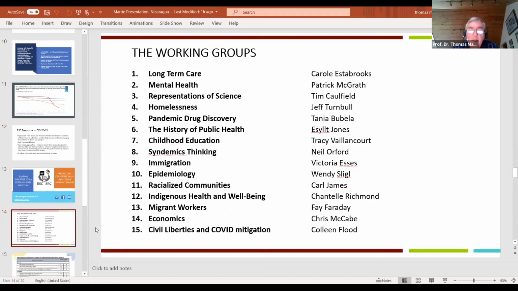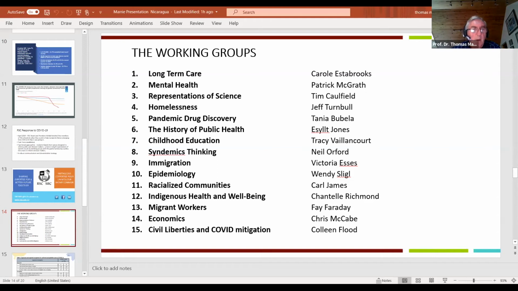This is a listing of the working groups that we have examining the various issues that we thought deserved in-depth examination and were worthy of policy documents. So these could vary from country to country.